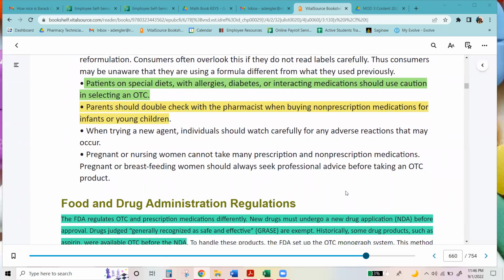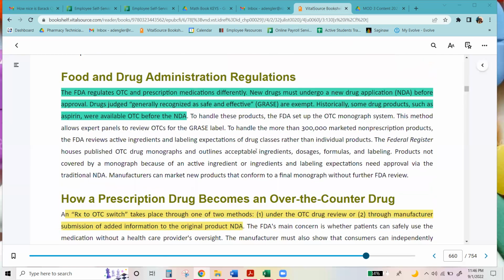Pregnant or nursing women cannot take many prescription and non-prescription medications. And pregnant or breastfeeding women should always seek professional advice before taking an OTC product. And the pharmacist is going to tell them that 100% if they come and ask a question about something.